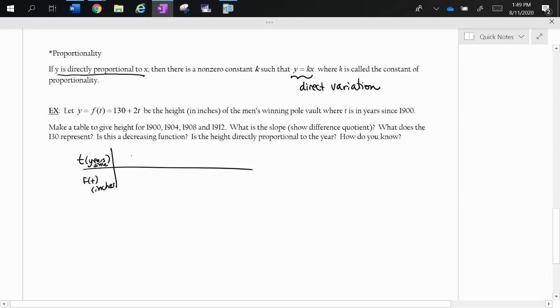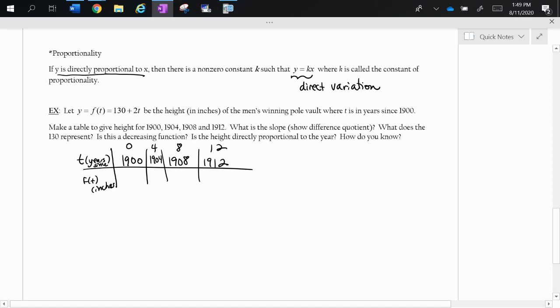And in 1900, which would be year 0, let's see, if we plug in 0, that would be year 0, 1900, 1904, 1908, and 1912. So that would be year 0, year 4, year 8, and year 12.